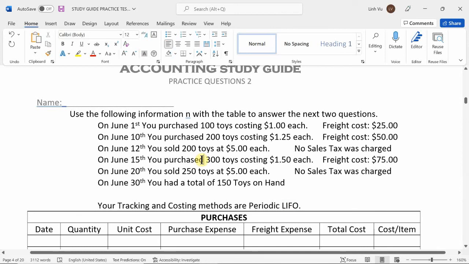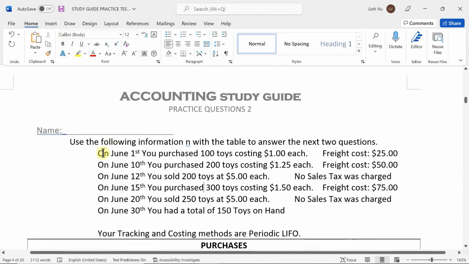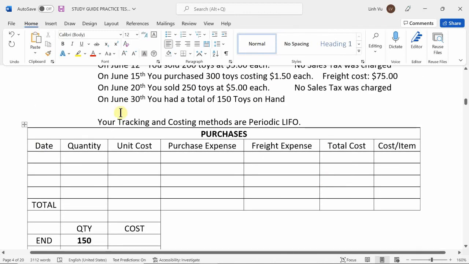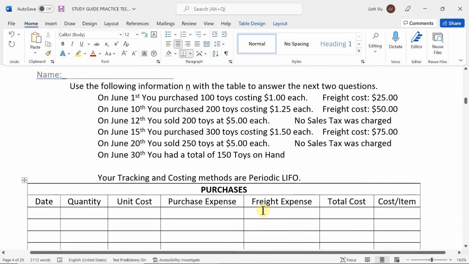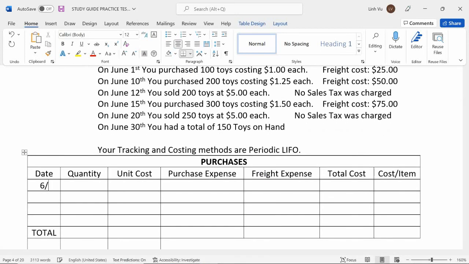So let's go through this scenario. On June 1st, you decide to purchase 100 toys costing $1 each with a freight of $25. So what does that mean? We purchased 100 toys at $1 each with the freight costing $25.